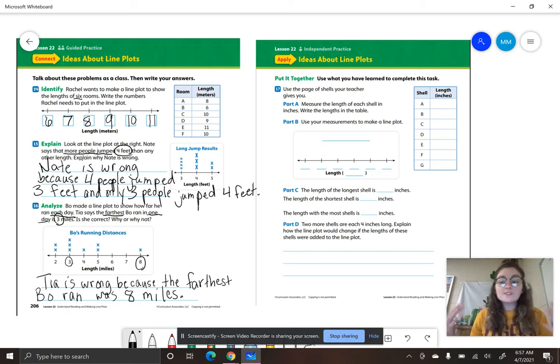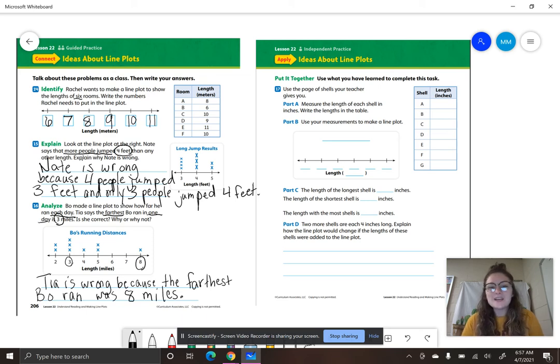Okay, he ran 3 miles for the most number of days, but the farthest he ran was 8 miles. Smarties, do you see why it's so important to go back and underline those important words and circle those important numbers? Because he ran 3 miles the most, but the farthest he ran was 8 miles.